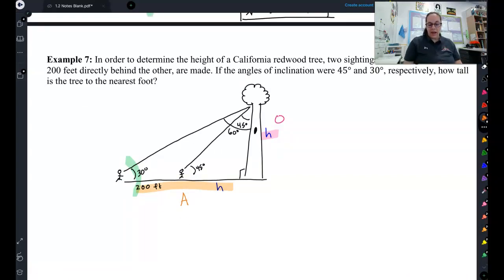So I have opposite here, I have adjacent here. What trig function uses those 2? Well, we know tangent does. So tangent of the angle I'm focusing on is the opposite side, which is my H, over the adjacent side, which is going to be 200 plus my H.